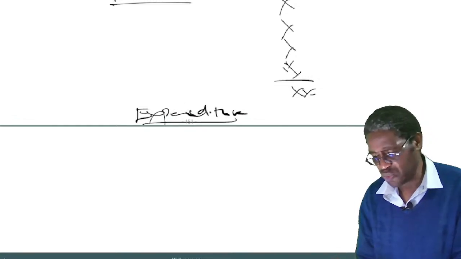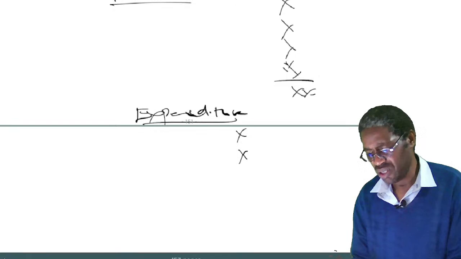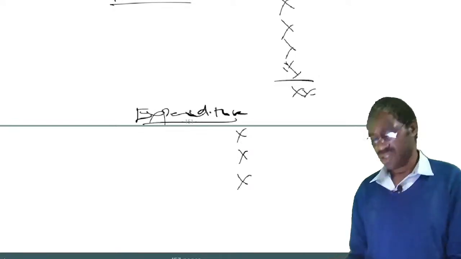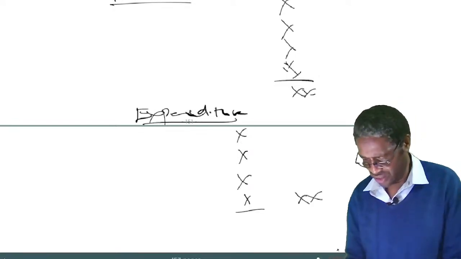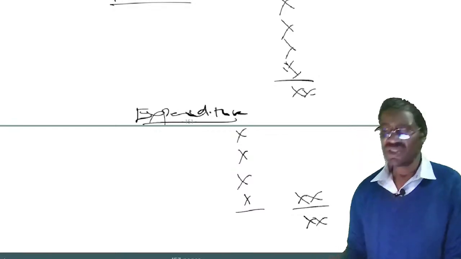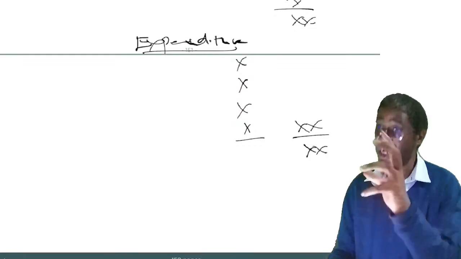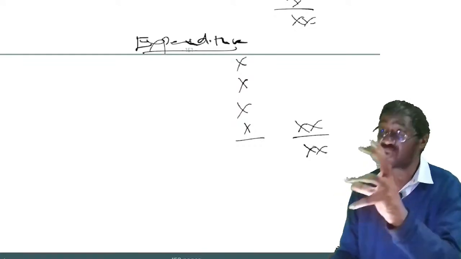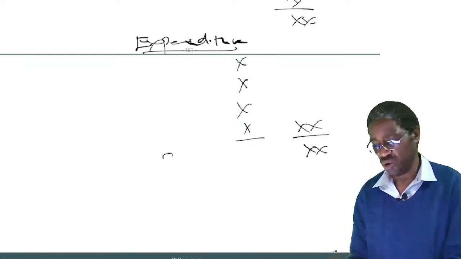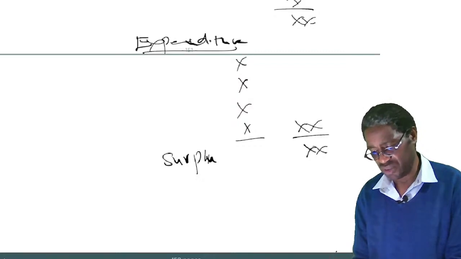What are the kinds of expenditure for a club? Electricity, water, salary, and so on. Get the net. That difference is what I'm calling either a surplus or a deficit. If the incomes are more than the expenditures, we call it what? A surplus.